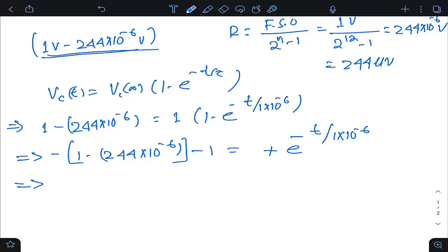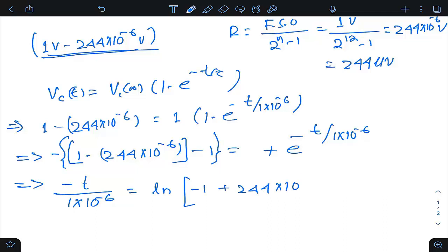Then minus t divided by 1 into 10 raised to power minus 6 is equal to ln of, if you take this one inside, minus 1 plus 244 into 10 raised to power minus 6, and you get plus 1.